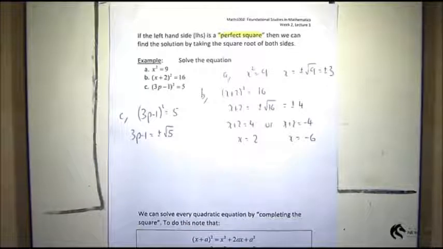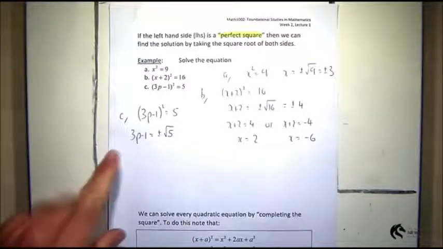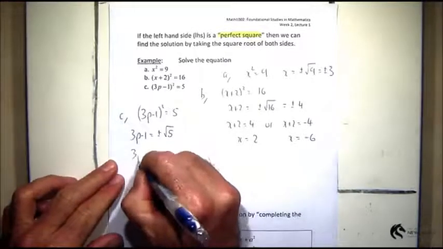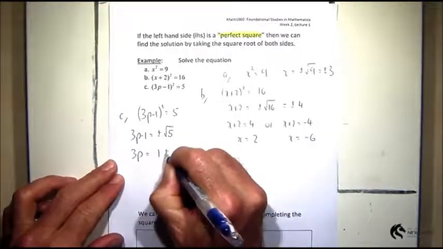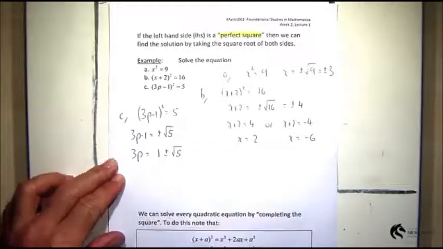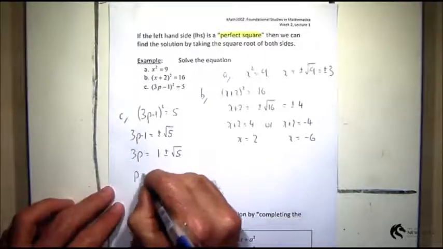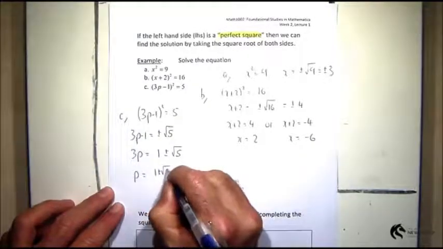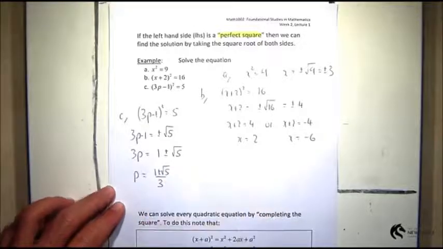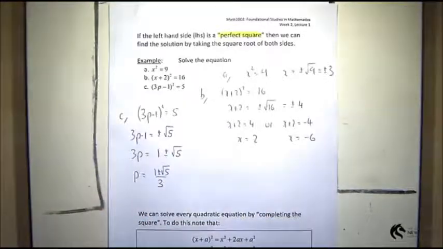That's the number. So therefore, 3p is equal to 1 plus or minus the square root of 5. And finally, p will be 1 plus or minus the square root of 5, divided by 3. And there are my two solutions in there. Oh, this thing keeps coming undone.